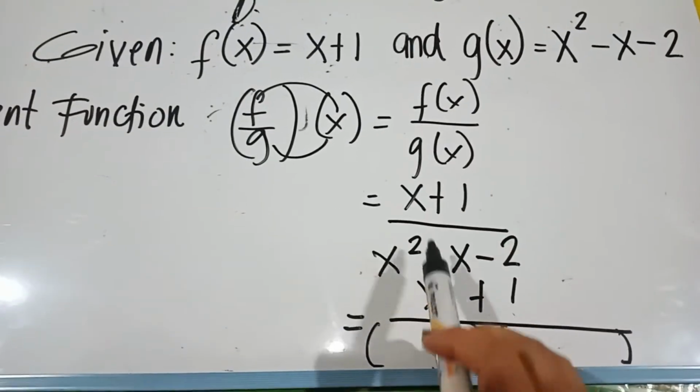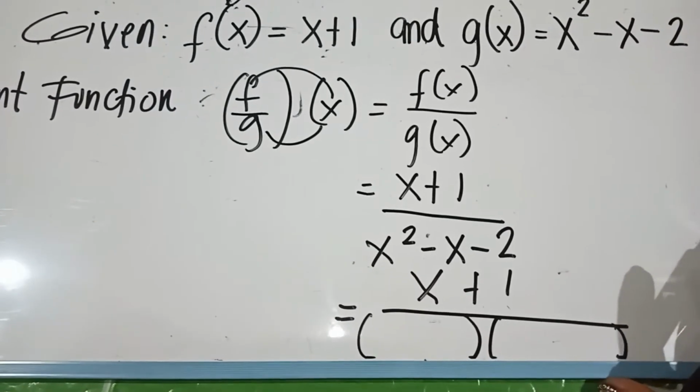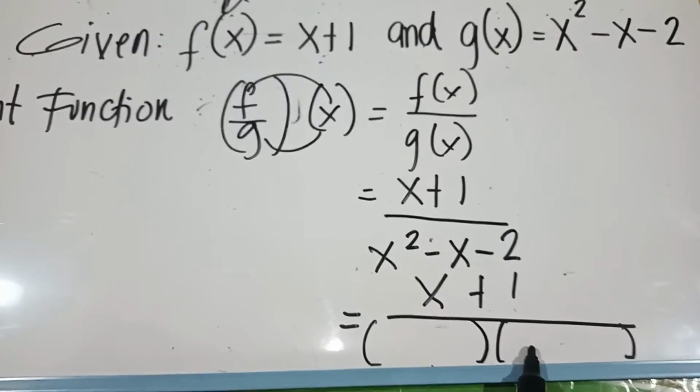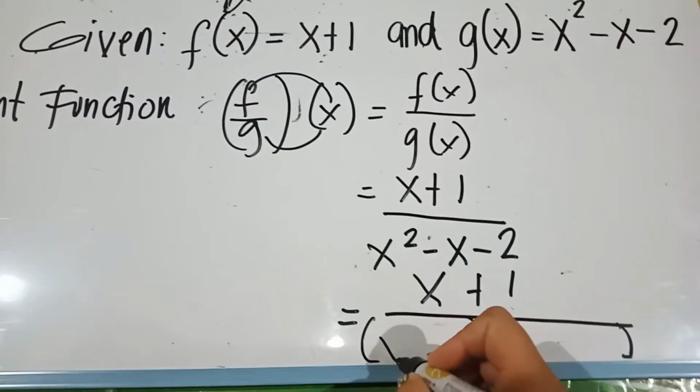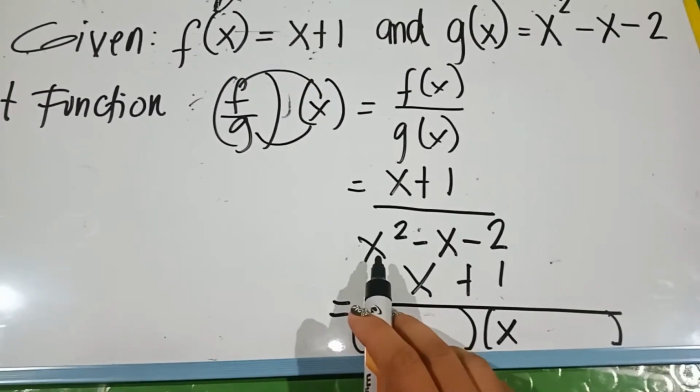So, find the factor of x squared minus x minus 2. So, ganito lang ang pagpa-factor. First term, first term. Ano ang i-multiply natin para maging first term or x squared? So, that is x times x. X times x is equal to x squared.